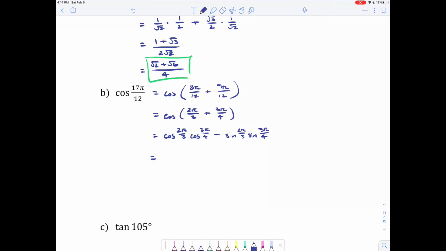Cos of 2 pi over 3 will look like 1 over 2, but it will be negative. 3 pi over 4, cosine is negative for that as well. That's quadrant 2. And that's an over 4, so 1 over root 2. Sine of 2 pi over 3 is positive. Sine of 3 pi over 4 is also positive. Boom. What do I have here? So negative is positive 1 minus root 3 times 1. What?